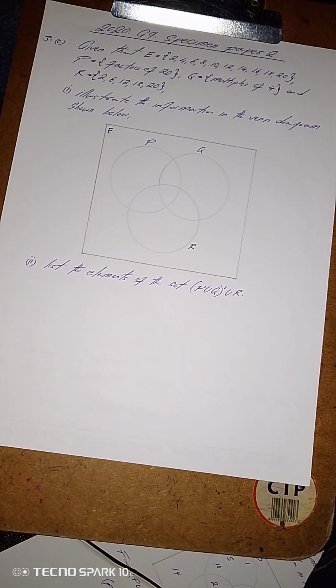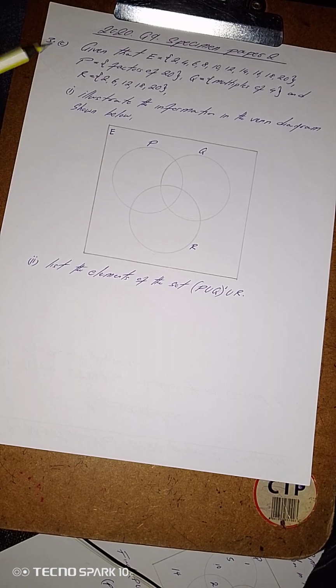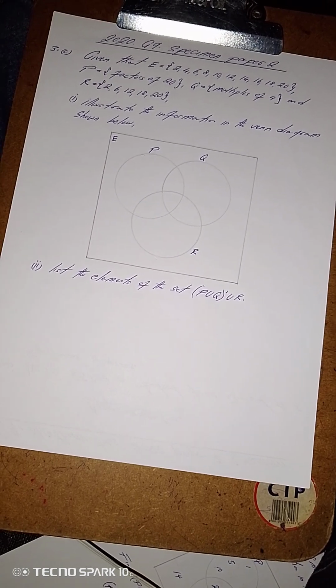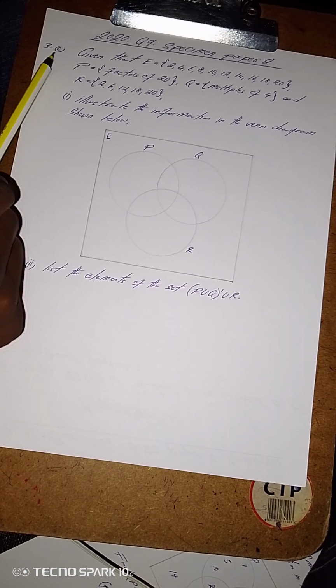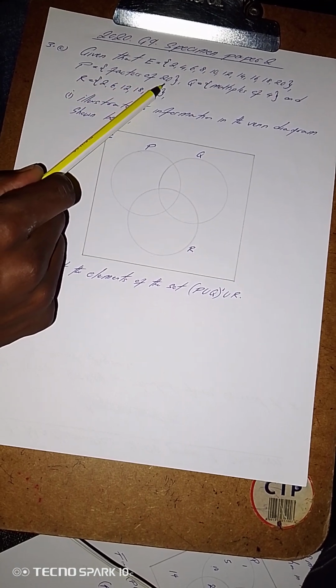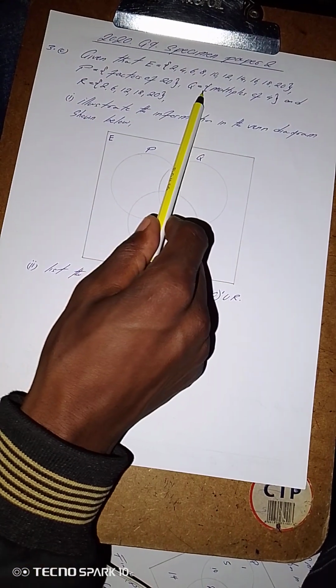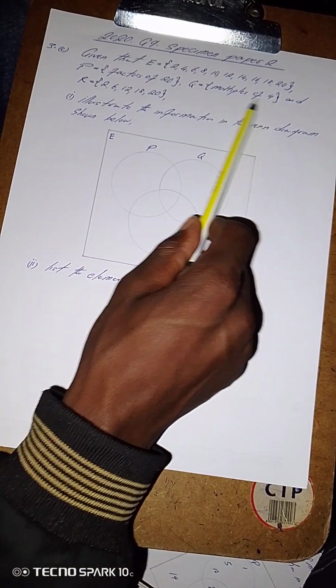So before you illustrate the information in this diagram, there are some things you need to do about this question. As you can see, for P they are saying factors of 20, so you need to list factors of 20. Also Q, multiples of 4. You need to list this.